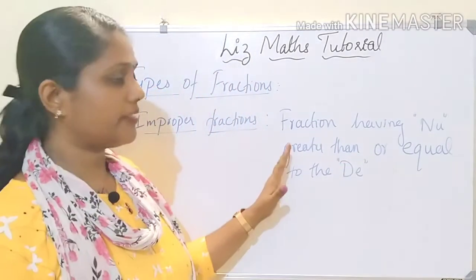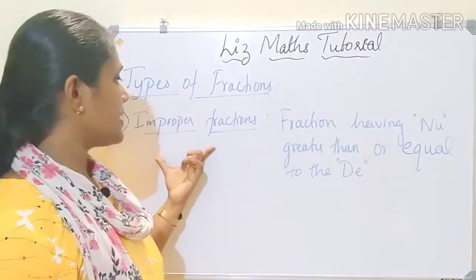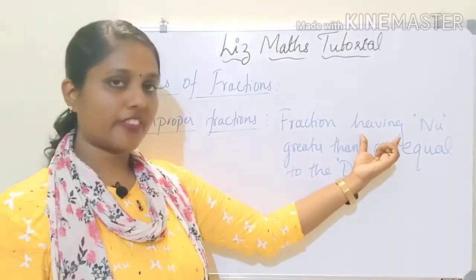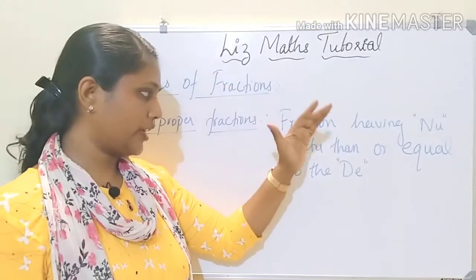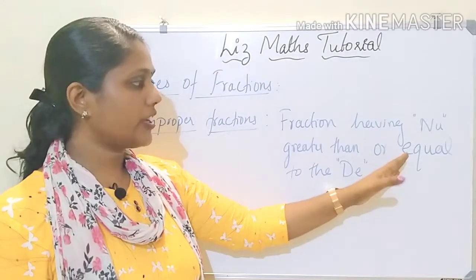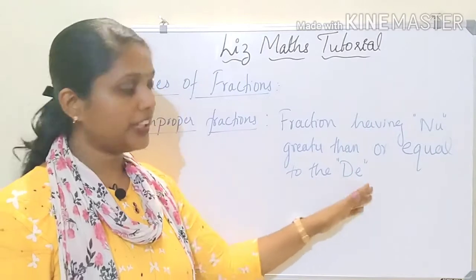See, the definition is clear. What is an improper fraction? A fraction having the numerator greater than, or equal to, the denominator.